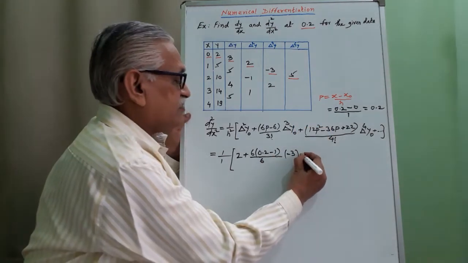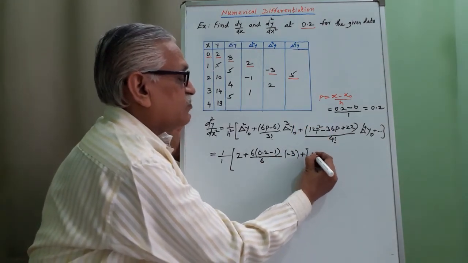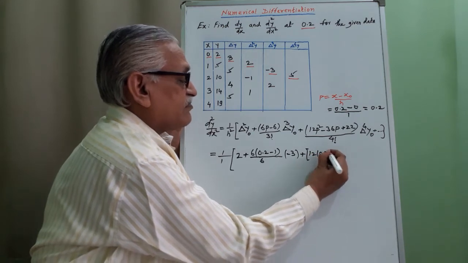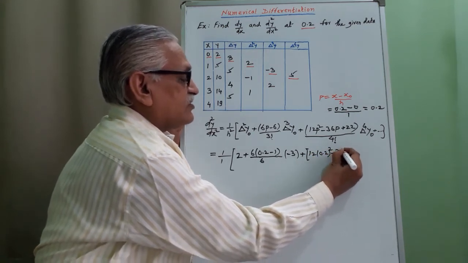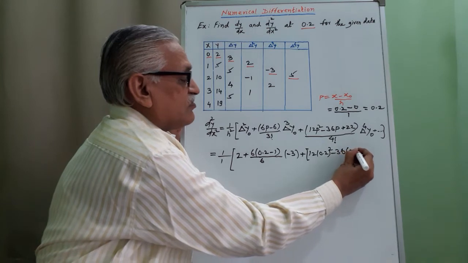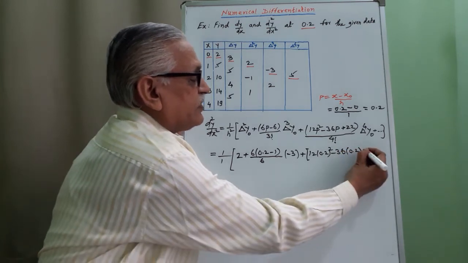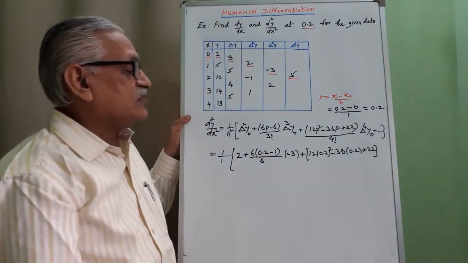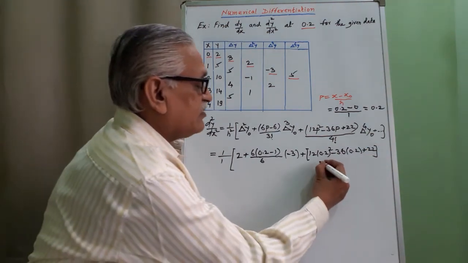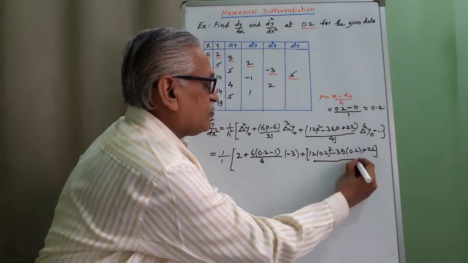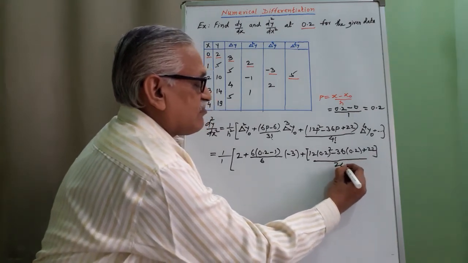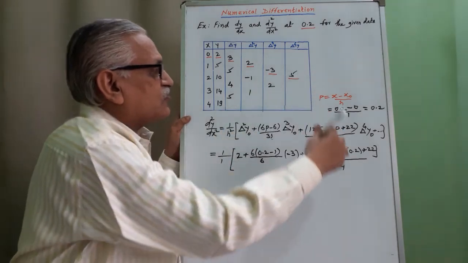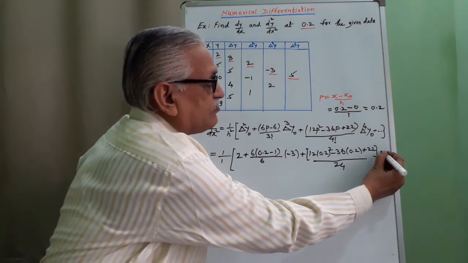Next, plus 12p square, 12 into 0.2 square, minus 36 into 0.2, plus 22, whole divided by 4 factorial. 4 factorial is nothing but 24. And the value of del raised to 4 y0 is 5.